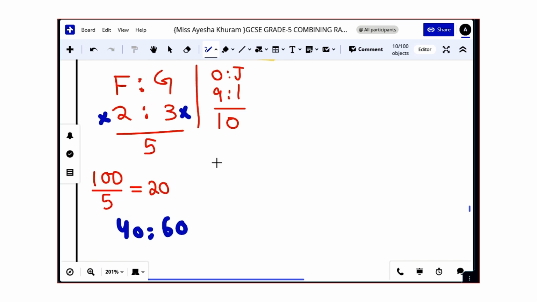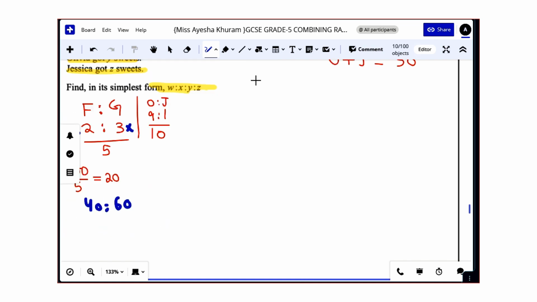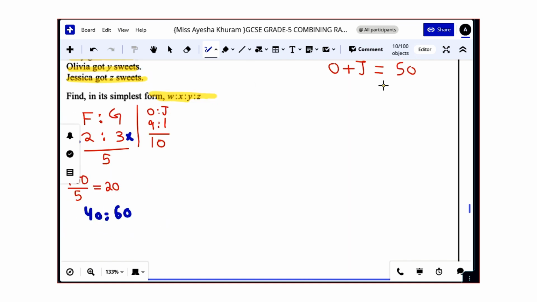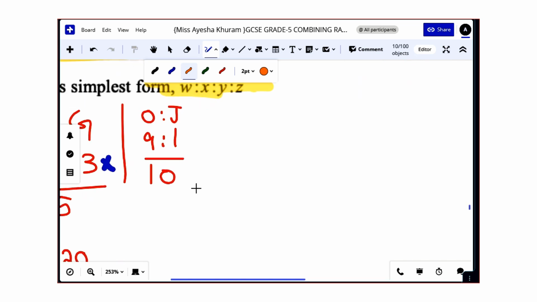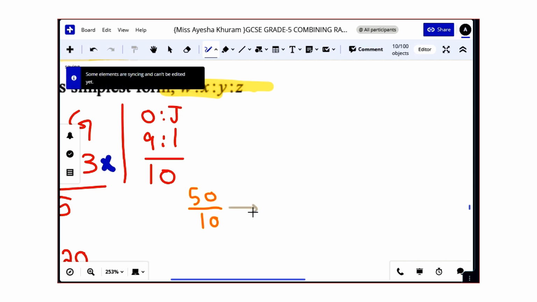Okay, let's talk about Olivia and Jessica here. If you focus, I'm going to focus on that part. They have 50, so I'm going to divide 50. Let me zoom in more. So 50 divided by 10, I got 5 sweets.